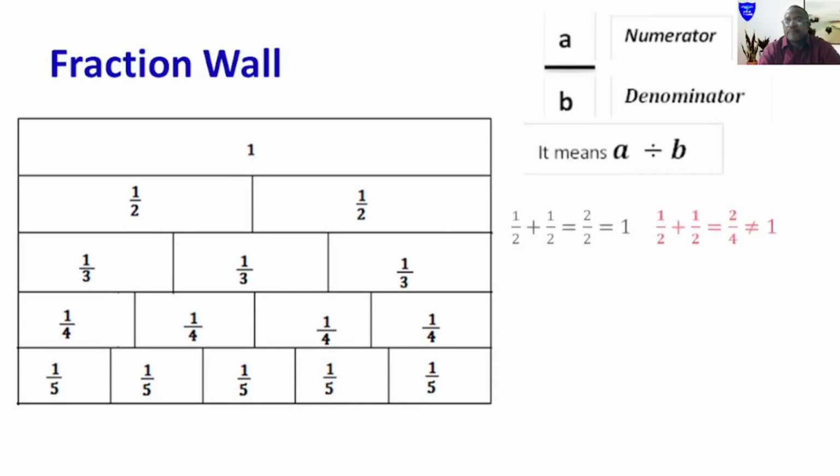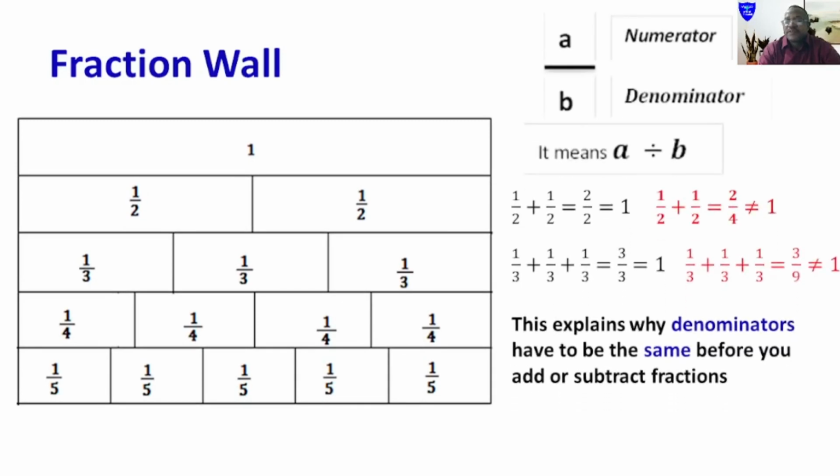Now, in the previous lessons that I covered in this series of videos, I've talked about the fraction war and how it works. Now, for this lesson, guys, we're going to look at the reason why addition and subtraction of fractions is dependent upon the denominators of the fractions being the same.